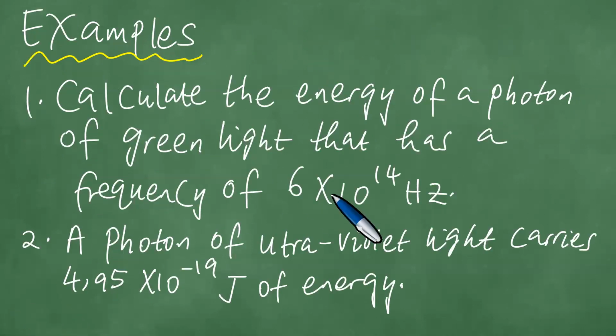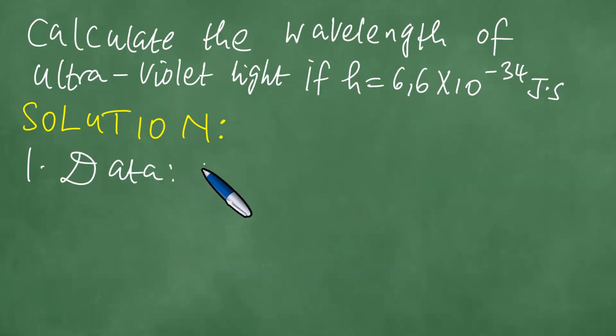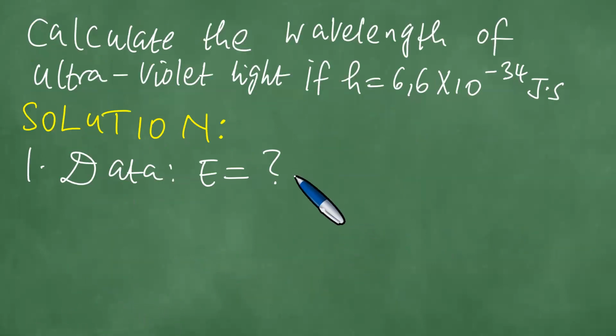Now, if you need to calculate the energy of a photon of green light that has a frequency of 6 times 10 to the 14th power hertz, we need the energy, so E equals a question mark. So we look at number 1 and write down the data. The frequency is 6 times 10 to the 14th power hertz.